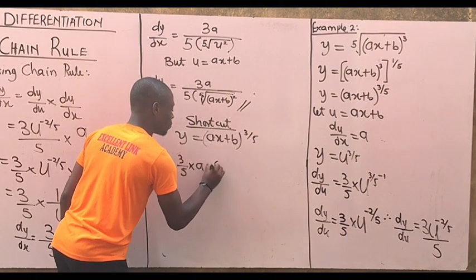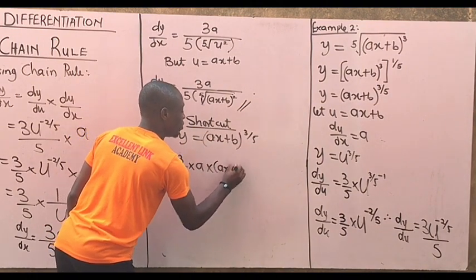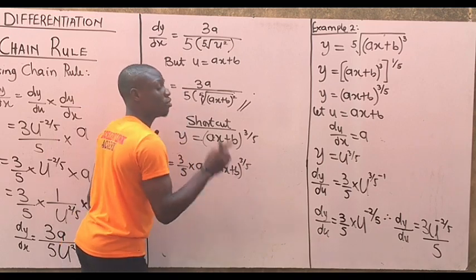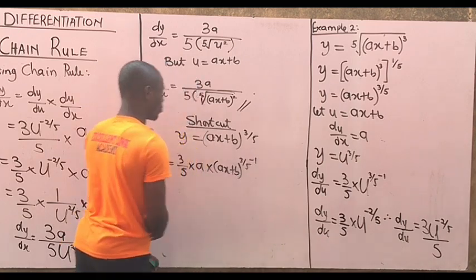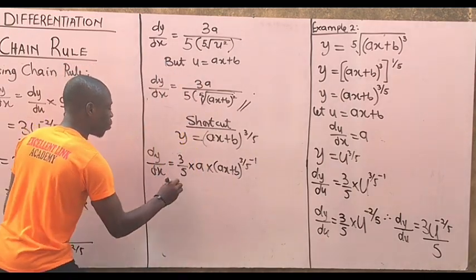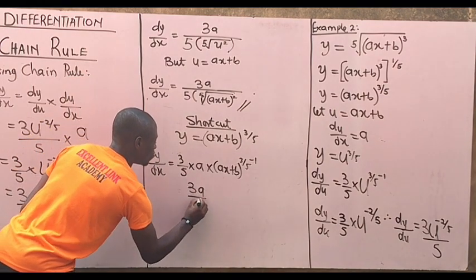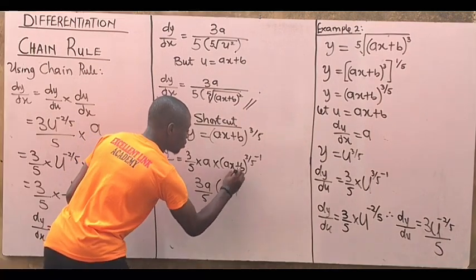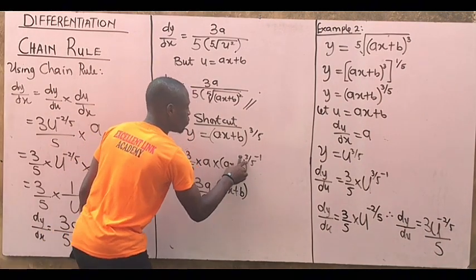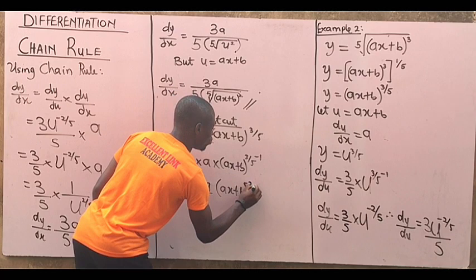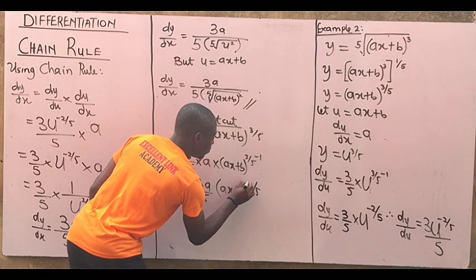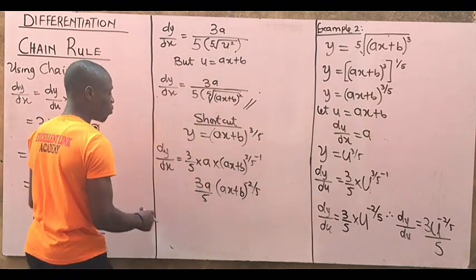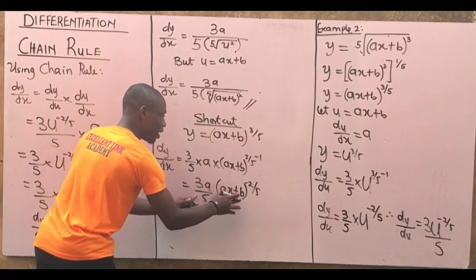Repeat the question, ax plus b to the power 3 over 5. Subtract from the power, minus 1. If I multiply this, that becomes 3a over 5 into ax plus b, with 3 over 5 minus 1 becoming minus 2 over 5.